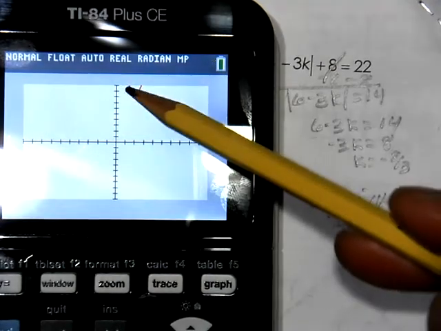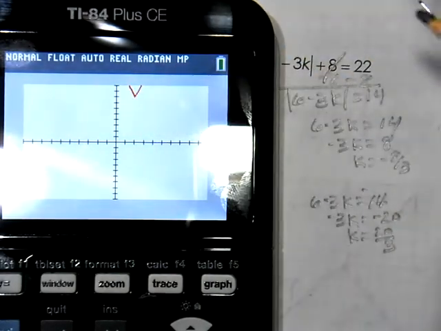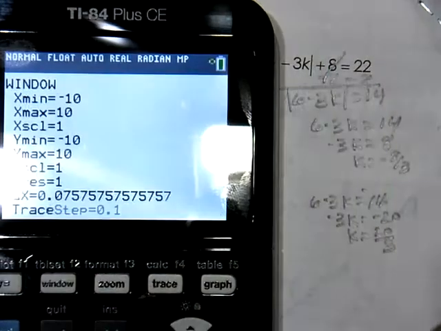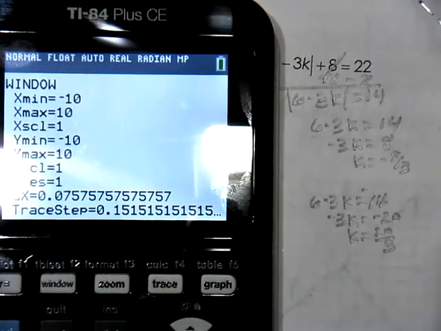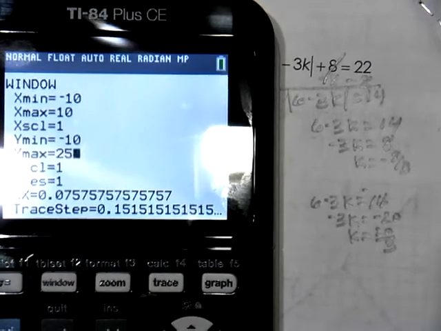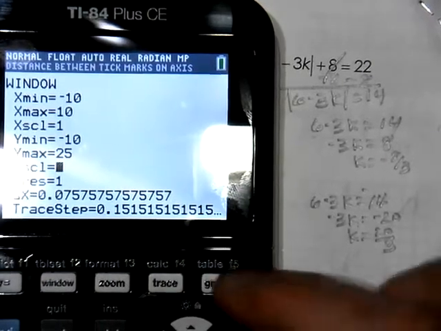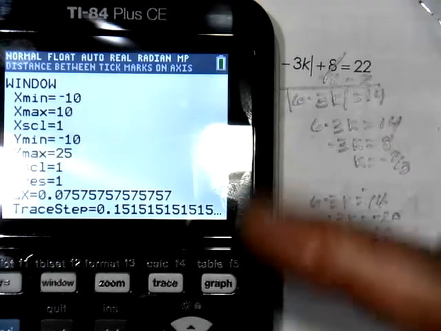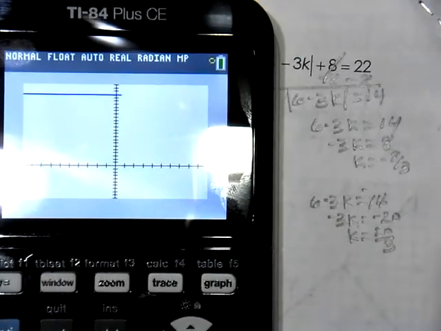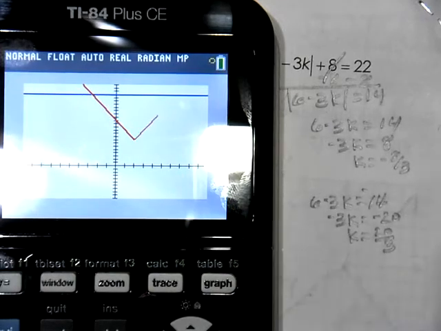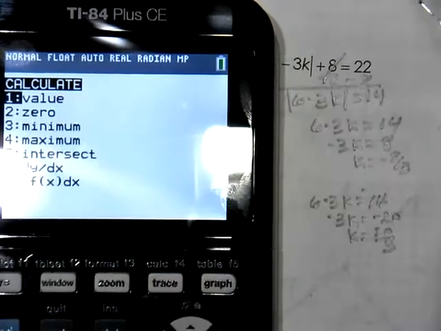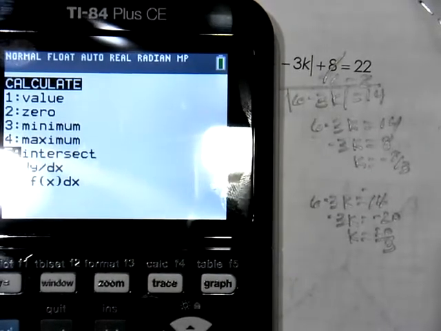And you might not be able to see anything but just that little vertex, because your window needed to look up higher to a maximum of over 25 or over 22, which is like 25. Then we could see more of the absolute value. Second calc down to intersect.